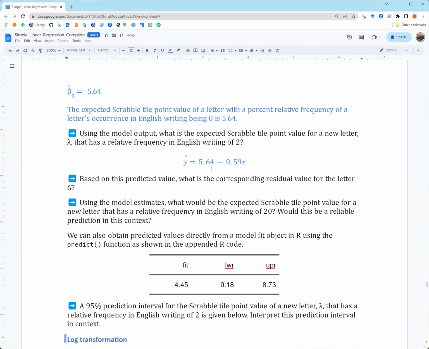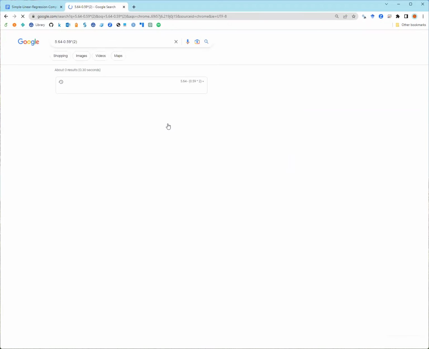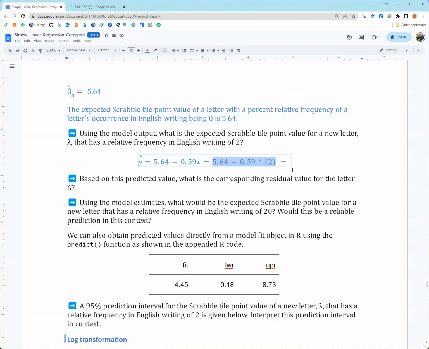So 5.64 minus 0.59 times 2. And we can use Google to answer that. It's primarily a calculator. Okay, 4.46.